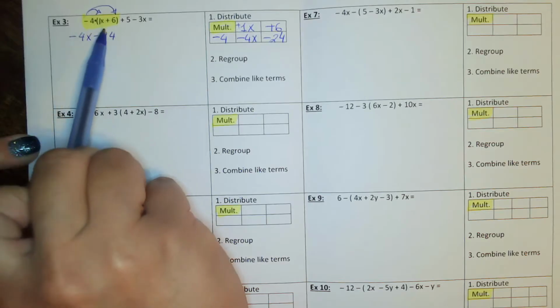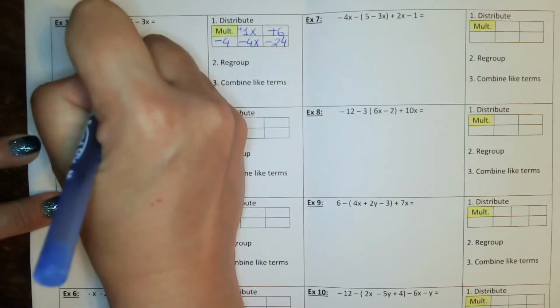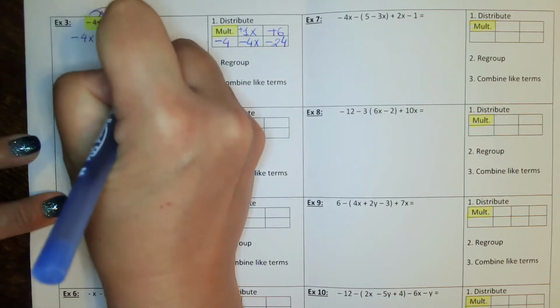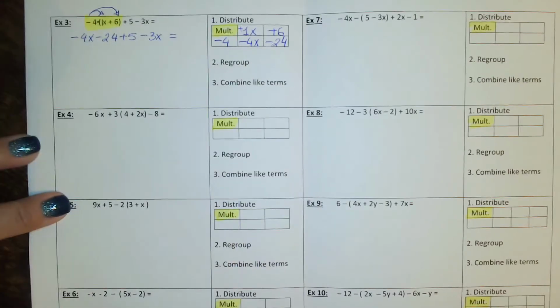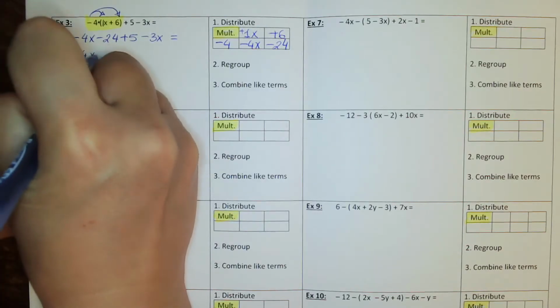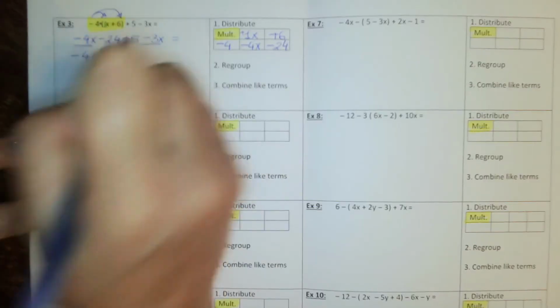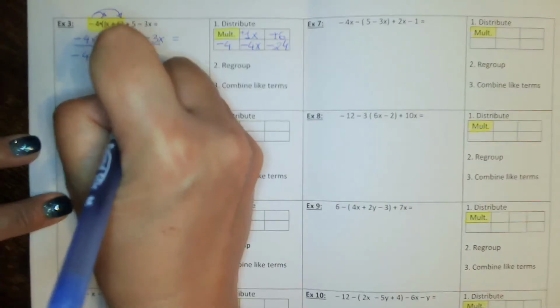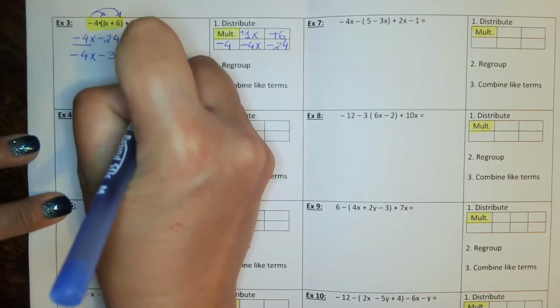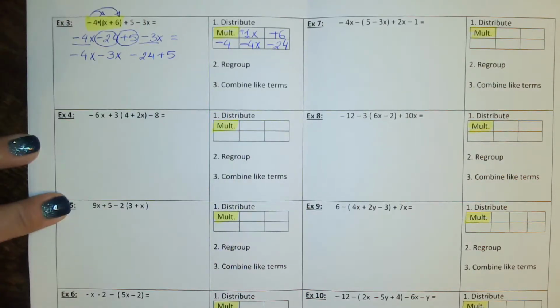Now the parentheses are gone, the terms are free, so we can combine them with the other terms that are the same kind. Regroup. X terms go first. Negative 4x and negative 3x. Minus 24 plus 5, constants go to the end with their signs.